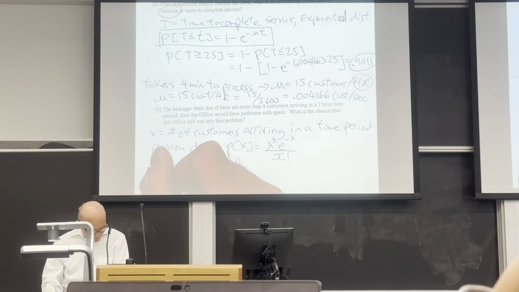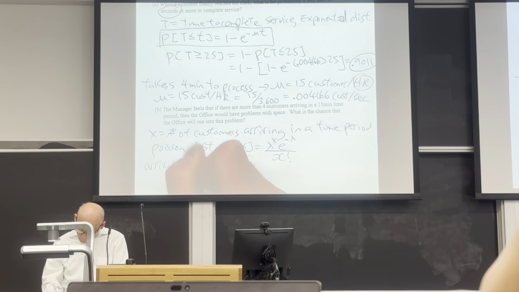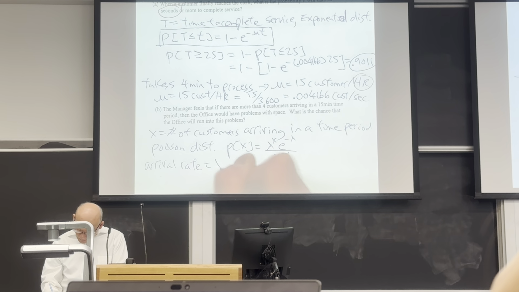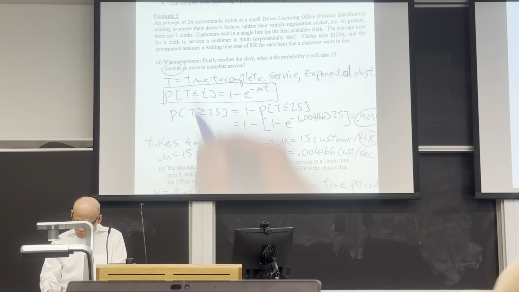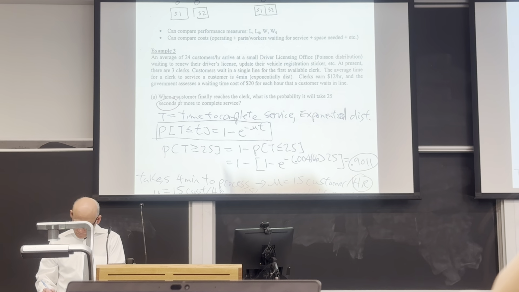Okay, so lambda is the arrival rate, and in the problem it is given as 24 customers per hour coming.